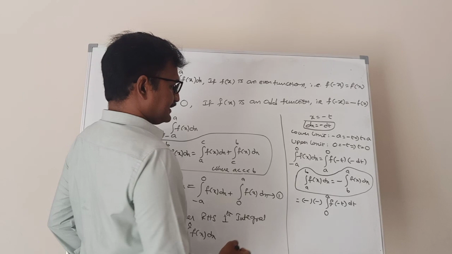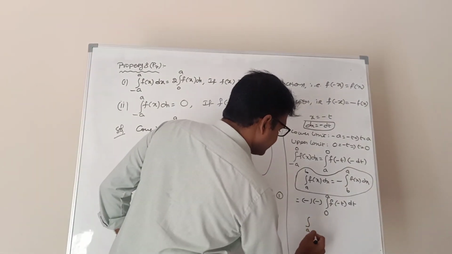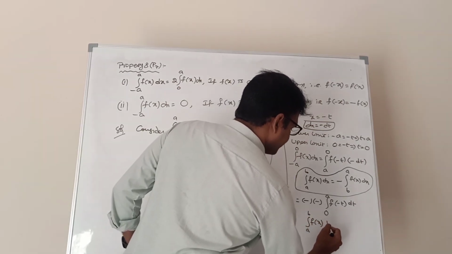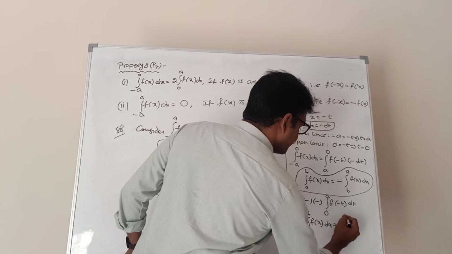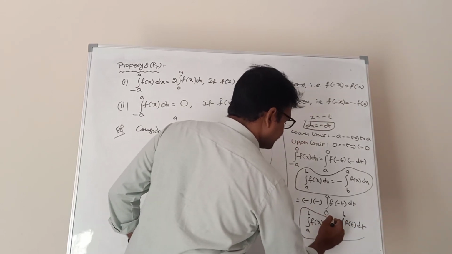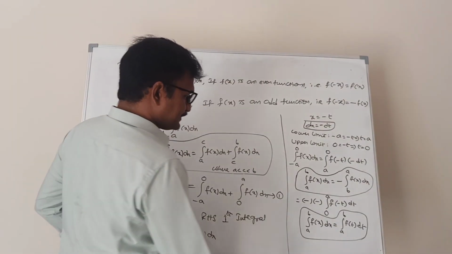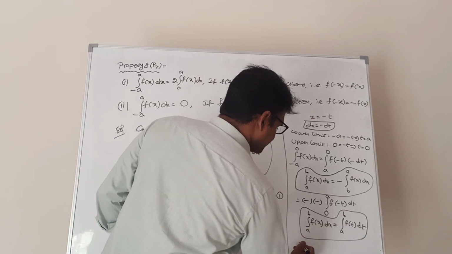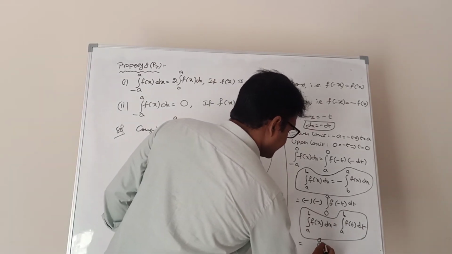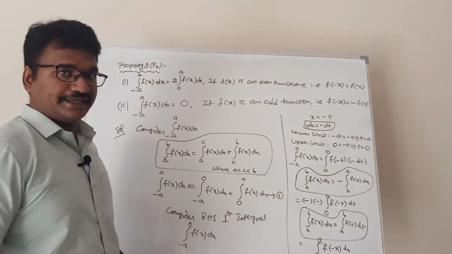Next, according to property number 1, the integration of a to b f of x dx is equal to the integration of a to b f of t dt. According to this property, in the place of x we can replace with t, and in the place of t we can replace with x. Minus into minus is plus, 0 to a f of minus x dx.